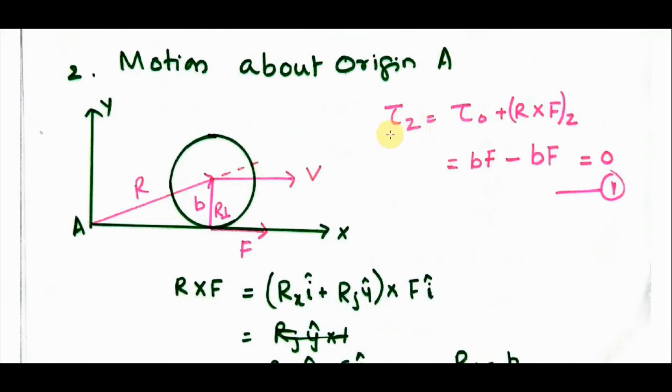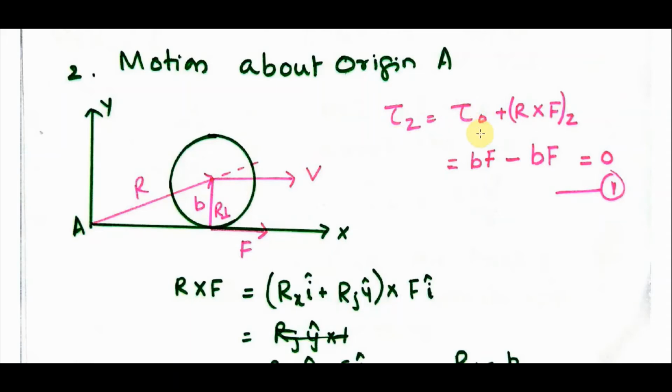So along tau z, that means the z component of the torque will be tau 0 plus R cross F, its z component. This we have already discussed, how we find out the torque at an origin A.